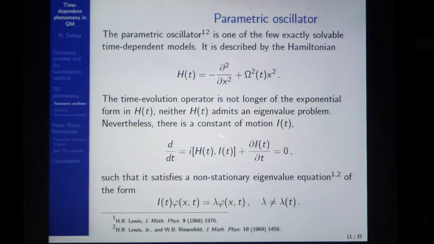So if this quantity is zero, if we find an I such that this is zero, it can be shown that it means an eigenvalue equation like this. And so instead of solving the eigenvalue equation for H, we have to solve an eigenvalue equation for I, the constant of motion or invariant. I will use both terms interchangeably.